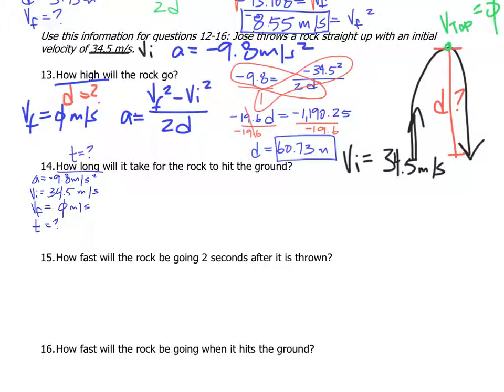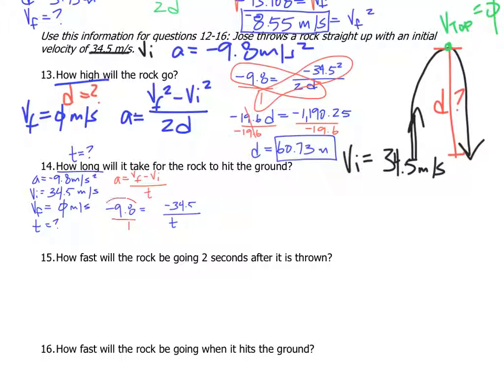So I can solve it without using D, using A equals VF minus VI divided by T, where A is a negative 9.8, VF is 0, initial velocity is 34.5, and time is unknown. So 0 minus 34.5 is a negative 34.5, so I'm going to get rid of the 0 part, and I can cross multiply.